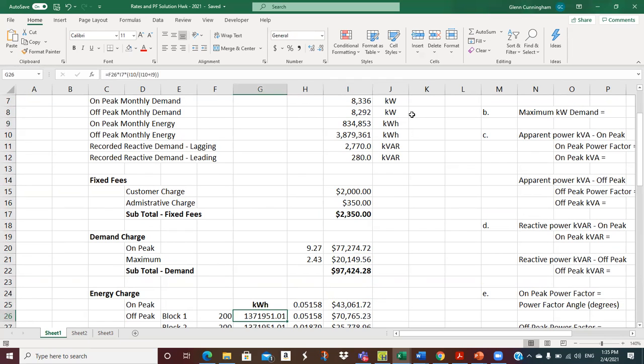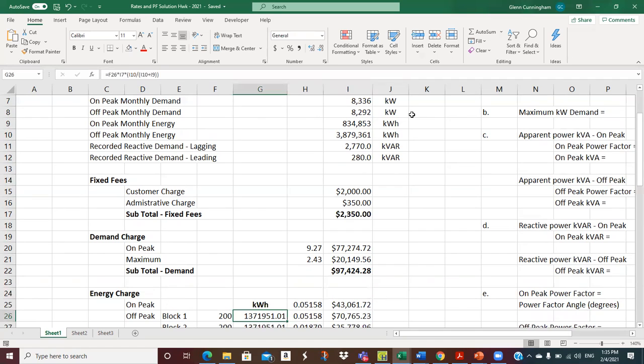Times the ratio, what is it? It's the off-peak energy to the total energy. So the off-peak energy is this guy right here, and then the sum of those is the total energy.